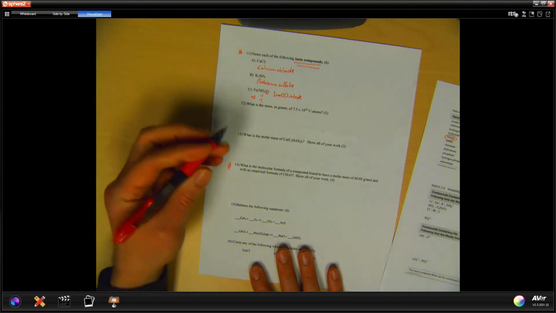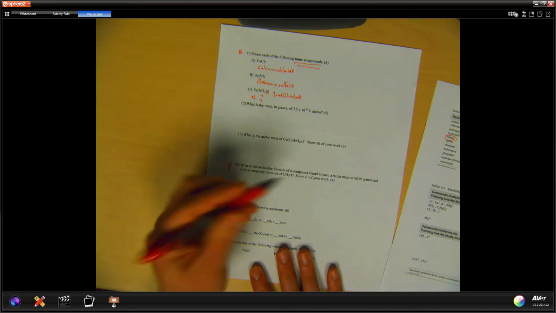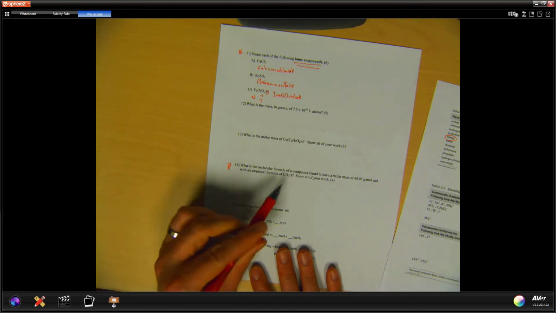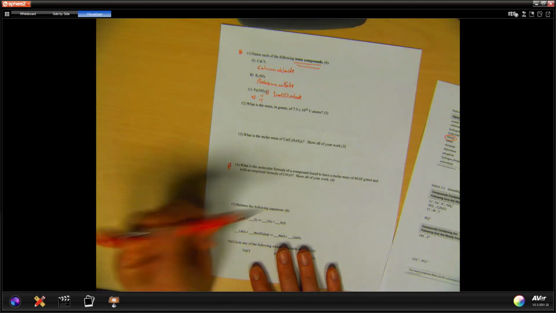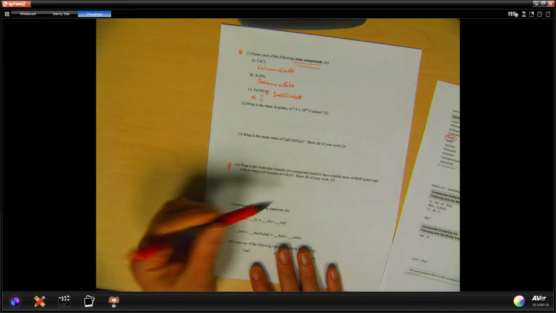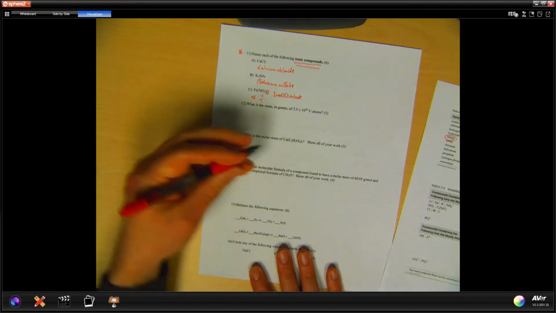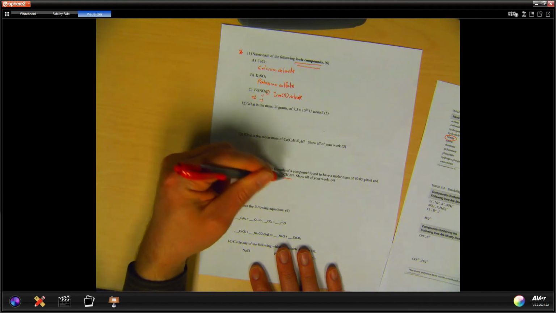The empirical formula is basically the lowest common denominator of all of the things making up the molecule. CH2O, we can't make that any simpler, say by dividing by 2 or 3 or 4. That's the simplest possible formula.